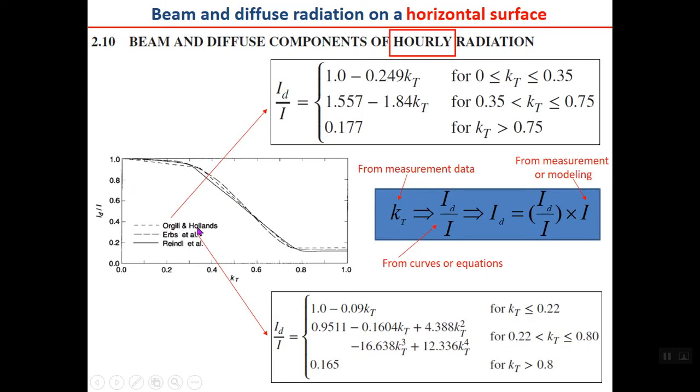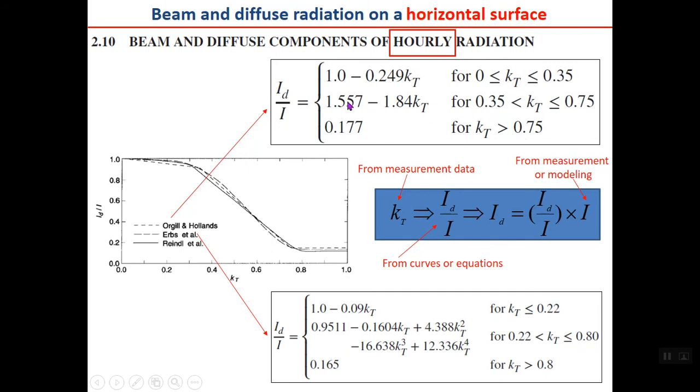For example, for Orgill and Hollands, you have this formula, because it was not possible to fit only one equation to the curve. It is comprised of three parts. One maybe from here to here, the second in this area, and the third in this area, depending on the value of kT.